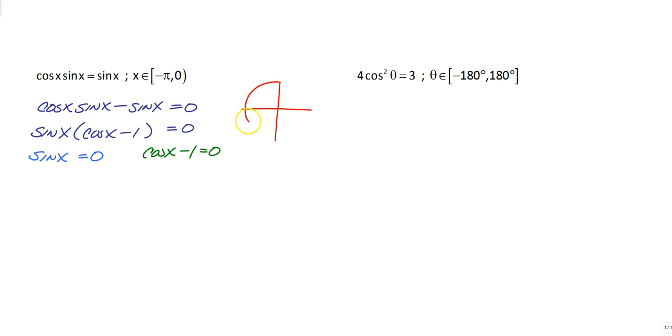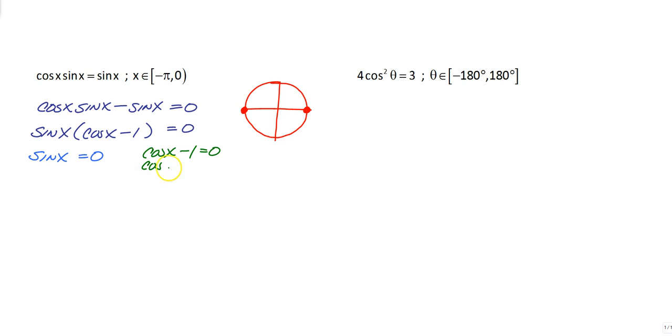We're going to go draw a little circle now. So where is sine x equal to 0? So 0 is our y value. So sine x is equal to 0 at 0 and pi. And now we have to work with cosine.